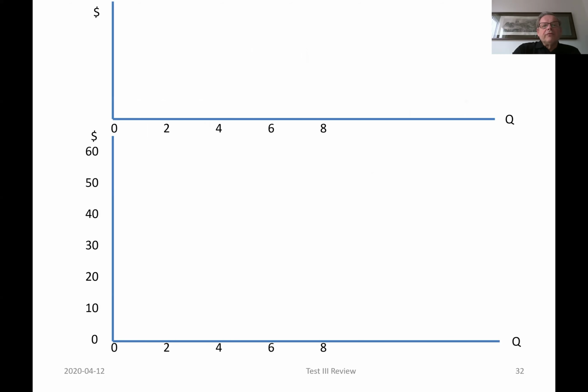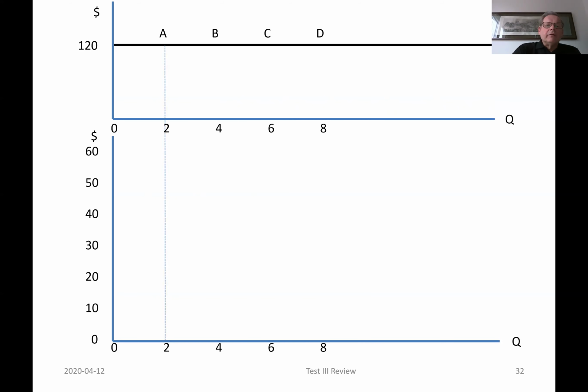So if you take a look at your top graph, we have our total fixed cost curve at $120. We will draw rays from the origin to the points on the curve.